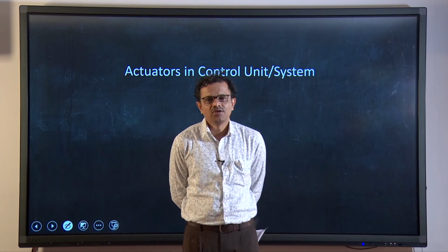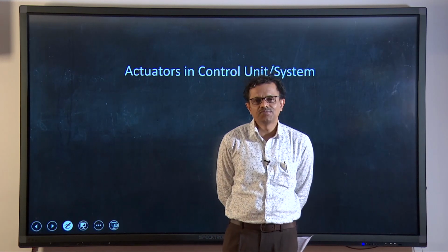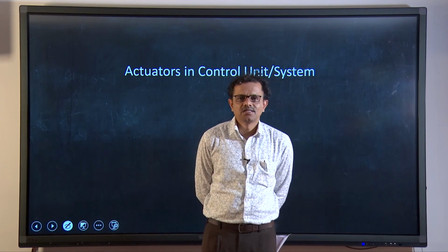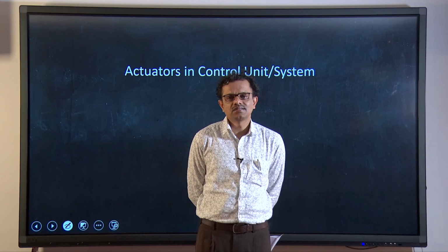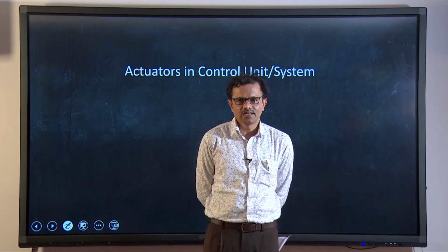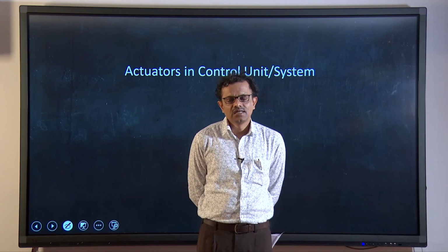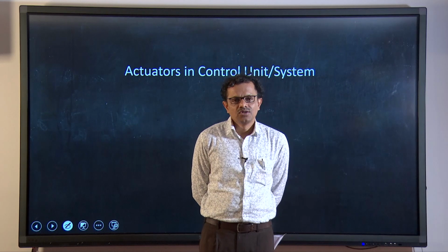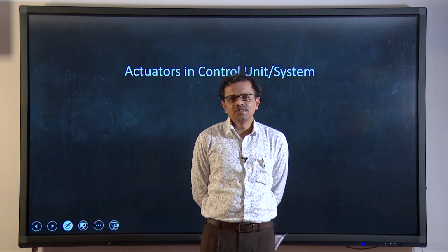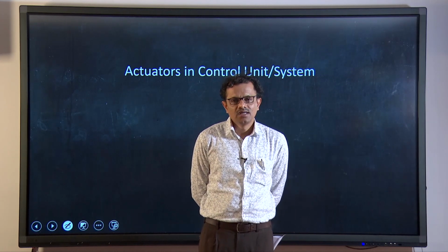What we know from our understanding of sensors is that the output from the sensor is essentially an electrical signal. That signal should be given to the electronic control unit.